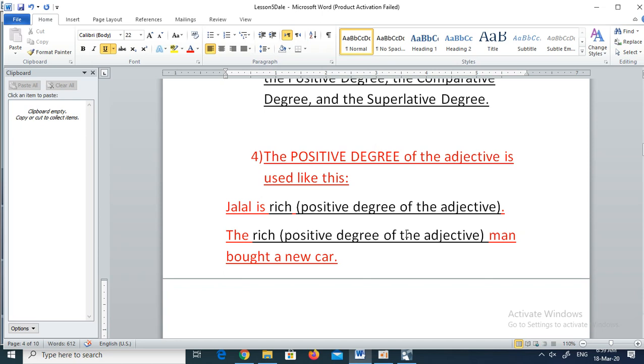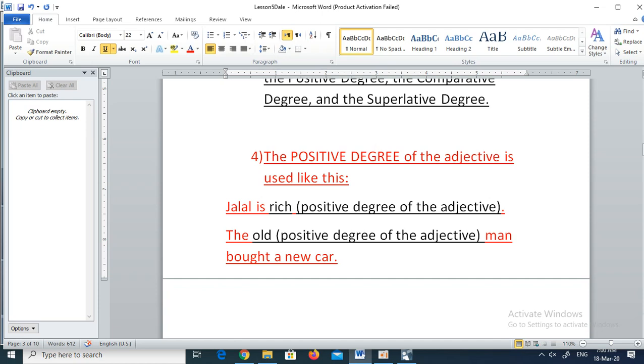If we say the rich man bought a new car, again, rich is the adjective, and again, it is in the positive degree. It doesn't have to be rich. We could say the old man bought a new car, and again, old is in the positive degree.